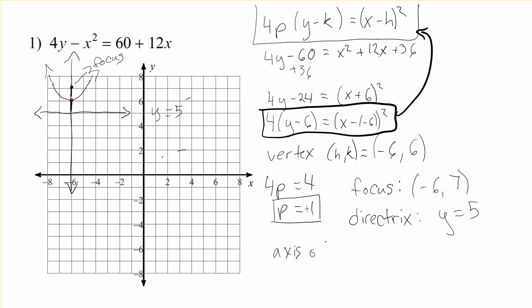We already drew that, and that is right here at x equals negative 6. Okay, so that's how we complete the square and solve for the directrix, the focus, and the axis of symmetry for a parabola.